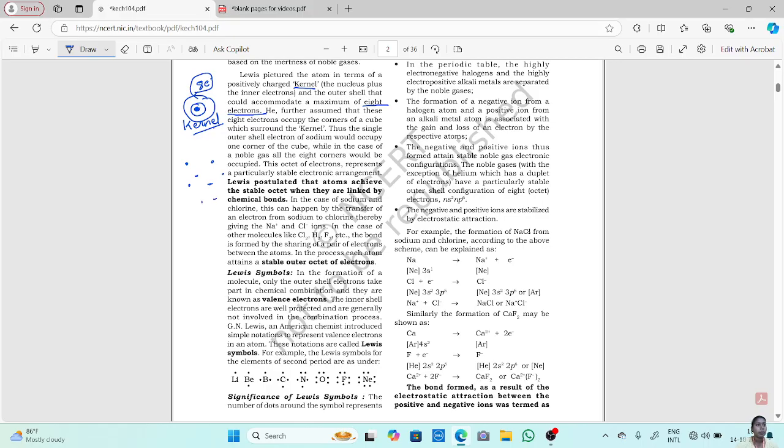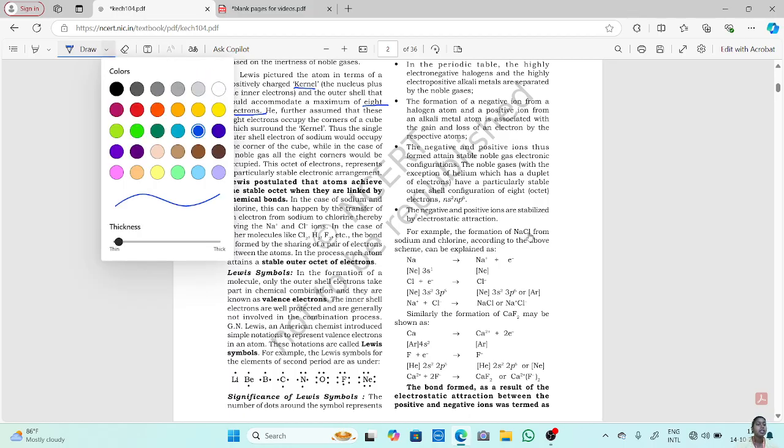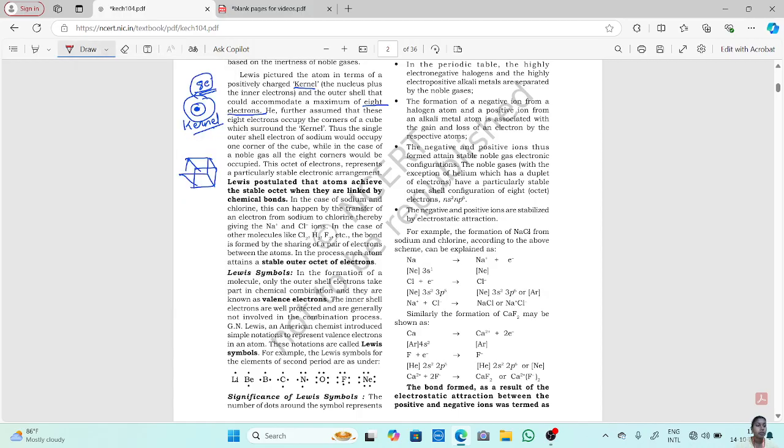If we draw a cube, okay, this is a cube. What Lewis further assumed is that these 8 electrons occupy the corners of the cube. 1, 2, 3, 4, 5, 6, 7 and 8.